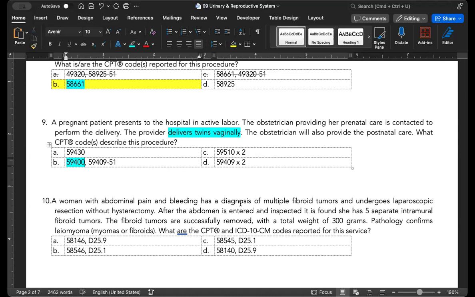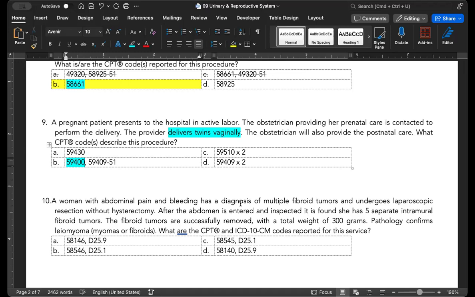Now, the way that insurance looks at it is when you're pregnant with twins, you're not going to have double the prenatal care and double the postpartum care. You're going to have the same amount of visits. You might have a little extra with twins for prenatal care, but nothing significant enough to say we need double pay.